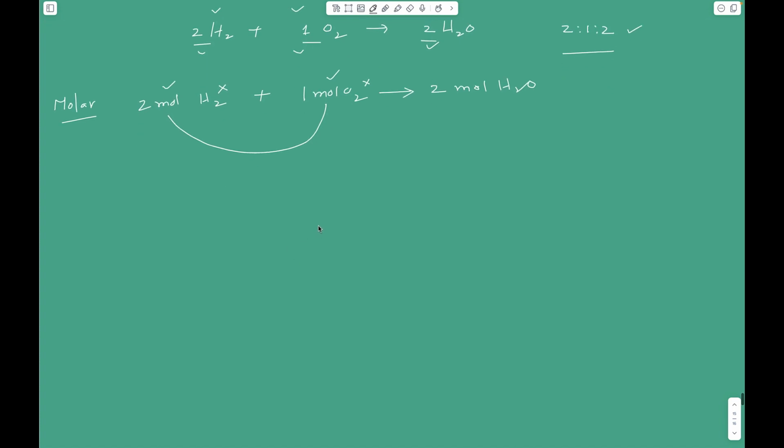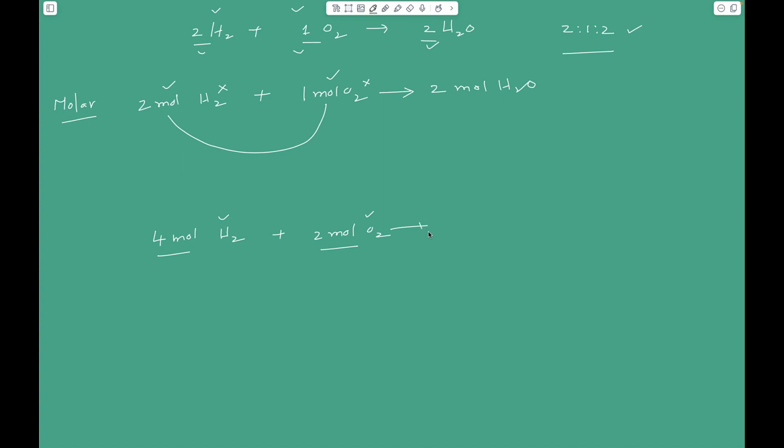Now let us say I took 2 moles of oxygen to carry out this reaction. And to completely combine with 2 moles of oxygen, we need 4 moles of hydrogen. So if you take hydrogen and oxygen in these amounts, then they would completely combine with one another without leaving any hydrogen or oxygen behind, assuming the reaction goes to completion.